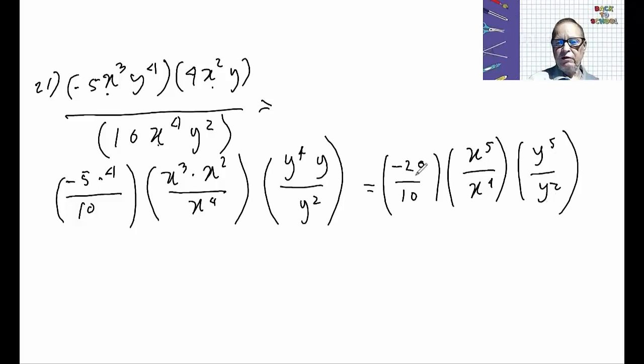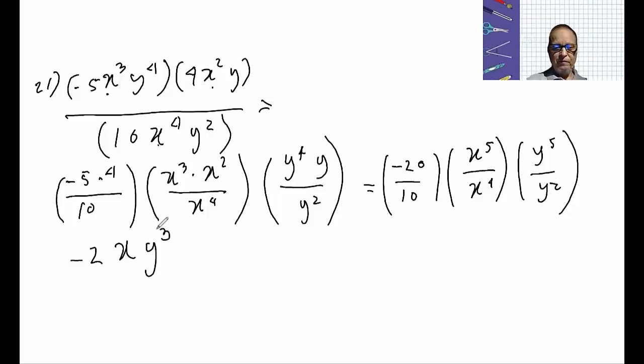Now I know negative 20 divided by positive 10 will give me negative 2. And then for this one, I use my quotient rule. 5 minus 4 will give me just x. And then 5 minus 2, and that will give me y to the third. And that's my final answer.